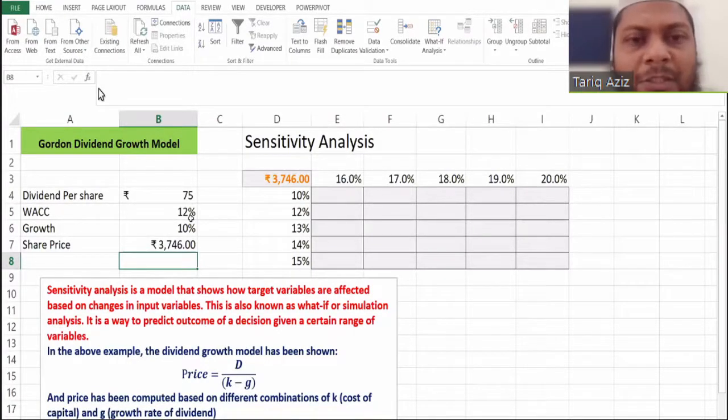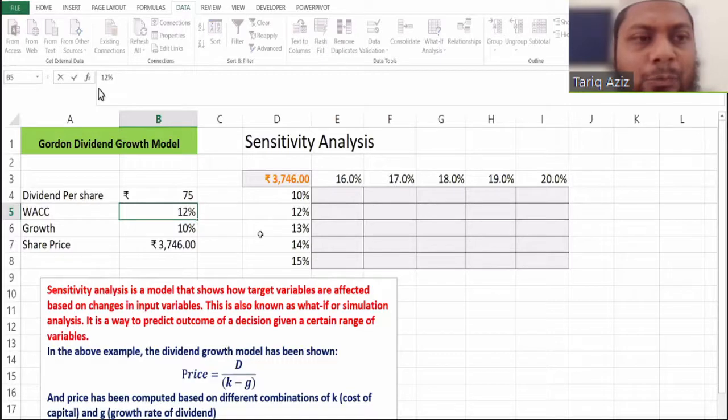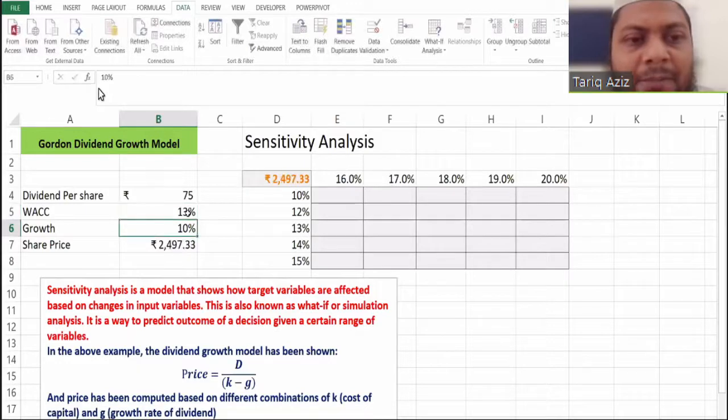Now let me check whether the share price is changing or not. So if I assume that, let us say, the cost of capital for the company has increased from 12 to 13%, I will change this figure from 12 to 13 and press enter, and the share price has changed to 2,497.